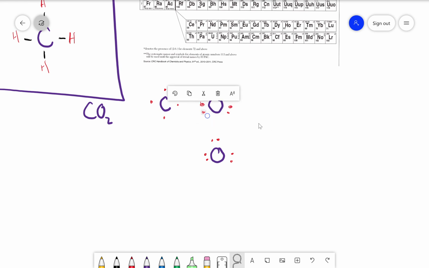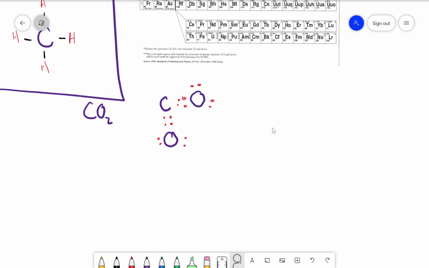Let's do the same thing for carbon. All right, let's move this over to here. And let's say we move this one over to here. Now, let's take this oxygen, put it right here, and let's take this oxygen and put it right here.